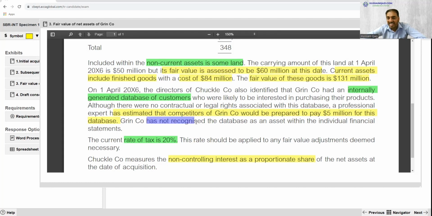GRIN company has not recognized the database as an asset within its individual financial statements. And this is absolutely correct with respect to individual financial statements.